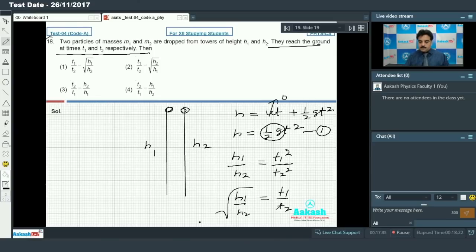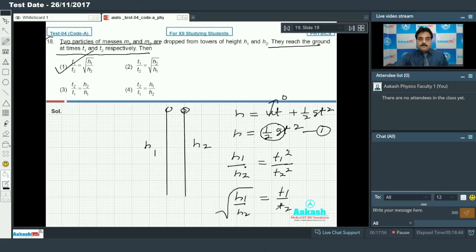On behalf of that, we can say my option number 1 is correct. And you should keep in mind, in the case of motion under gravity, it is independent of mass. So we can say my option number 1 is correct.